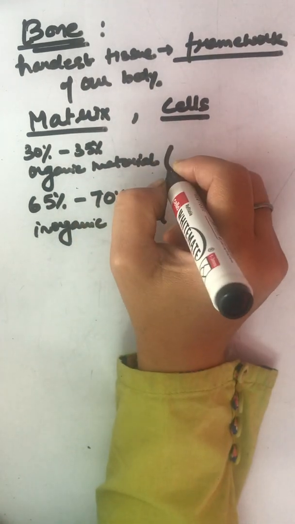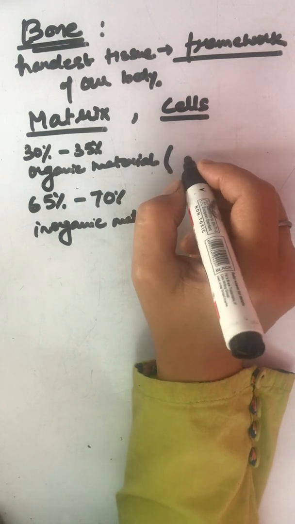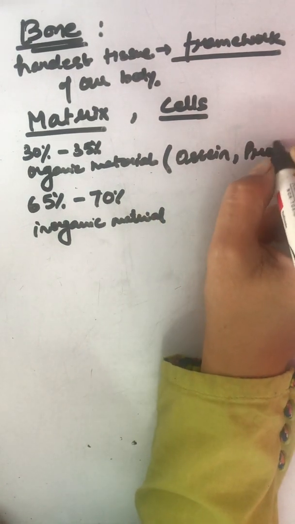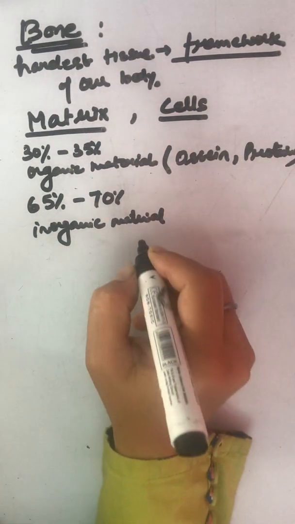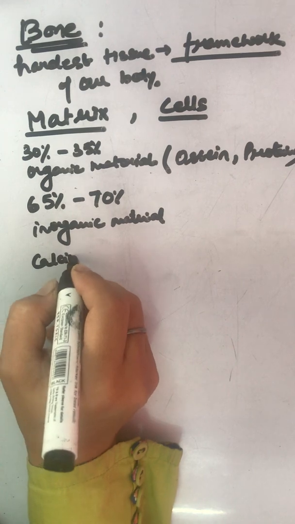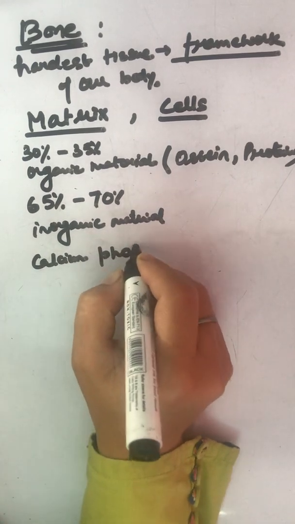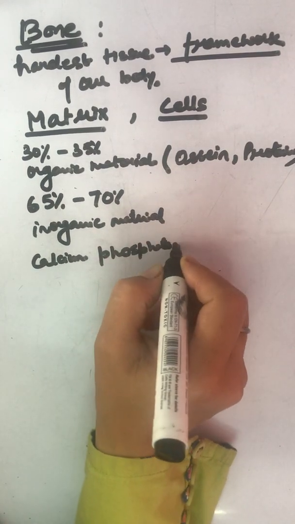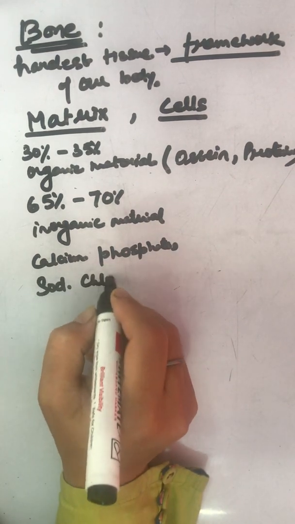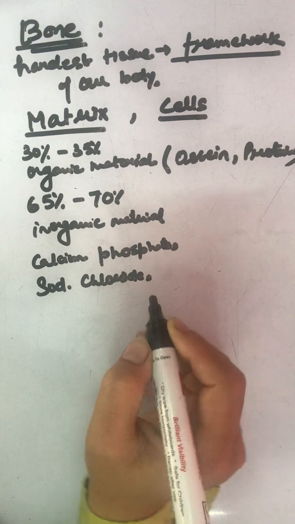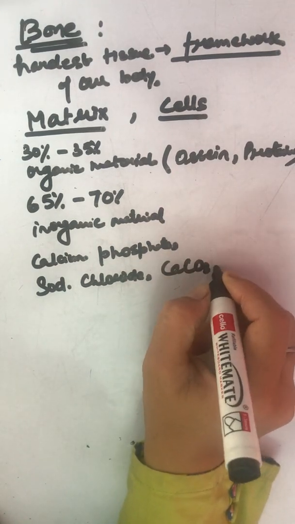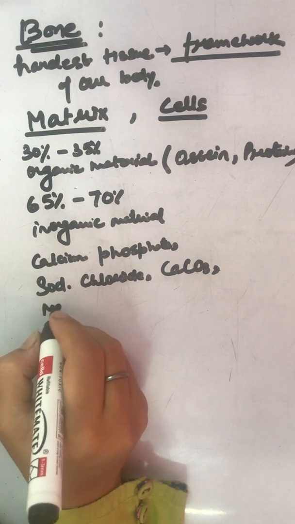What is this organic material? Organic material is ossein, a protein, and the inorganic material means calcium phosphate, sodium chloride, calcium carbonate, magnesium phosphate.